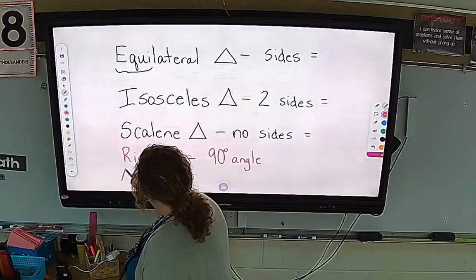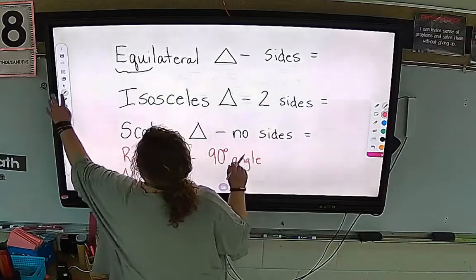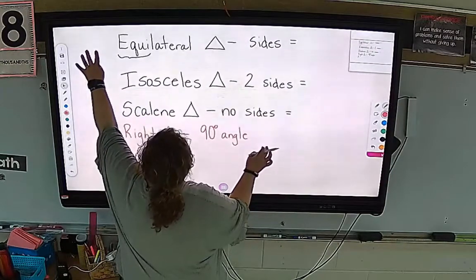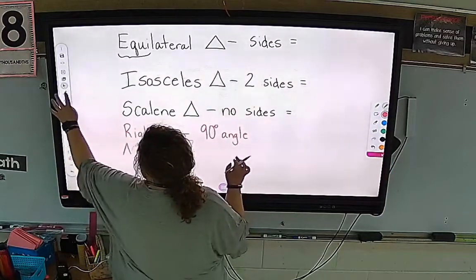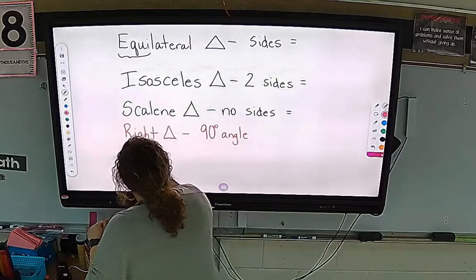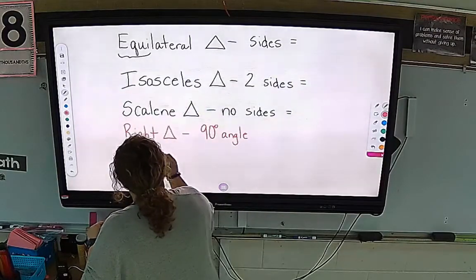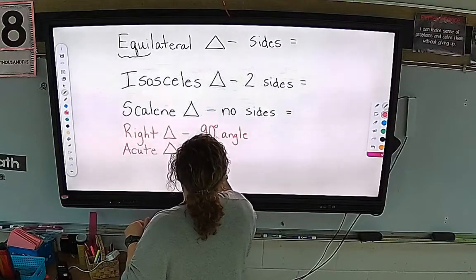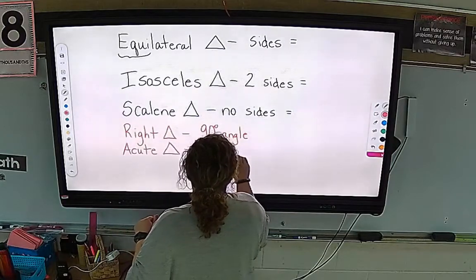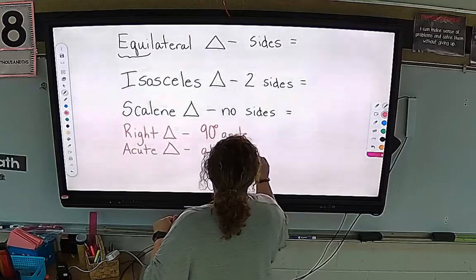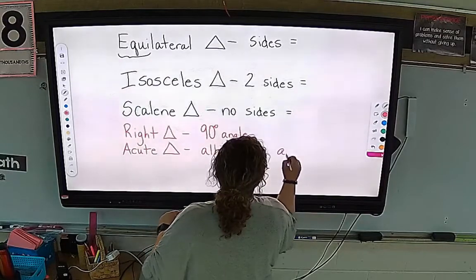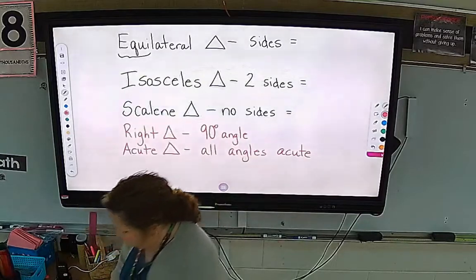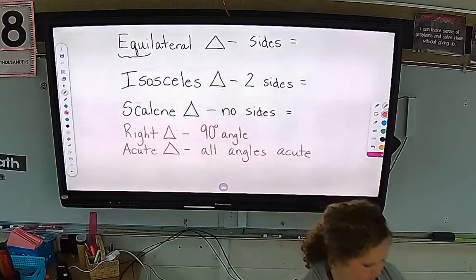When all of the angles are acute, you have an acute triangle.